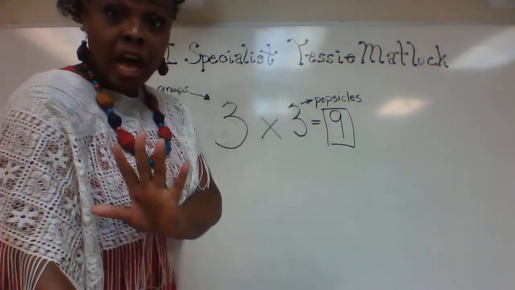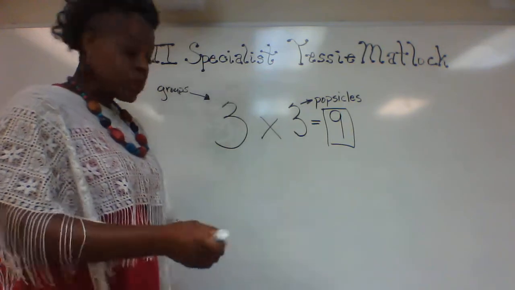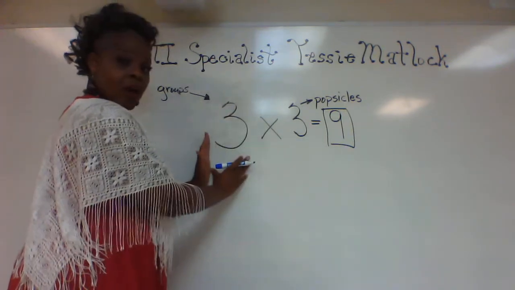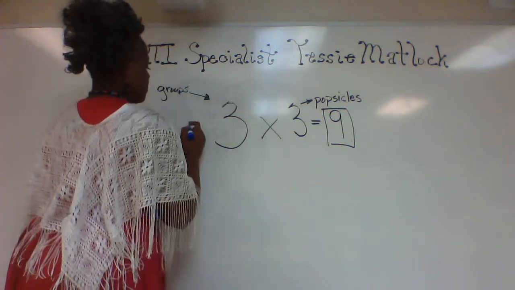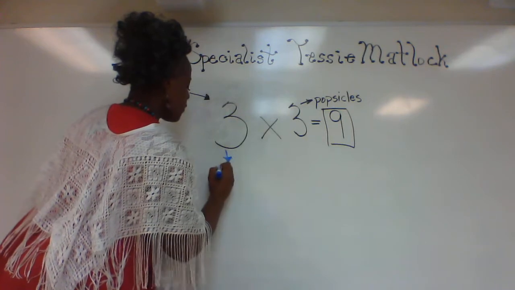Now let's label our numbers. Let's tackle that vocabulary when it comes to multiplication. This is called a factor. So I will write that vocabulary word here, factor.